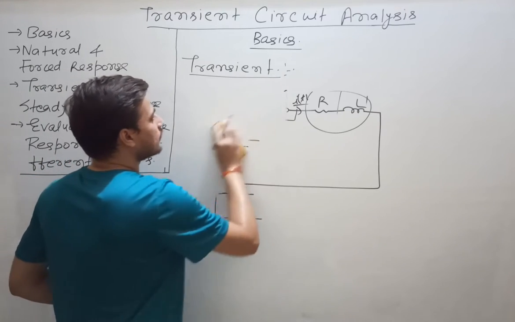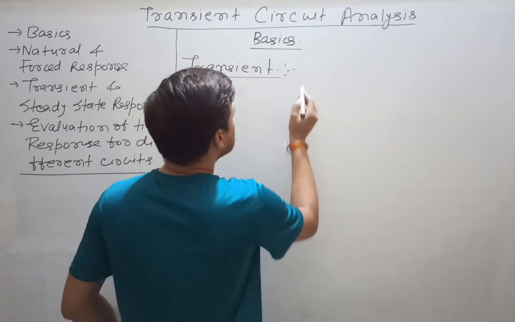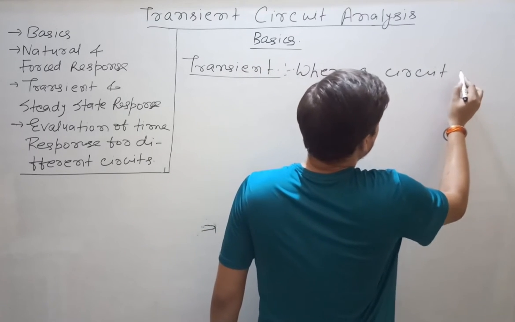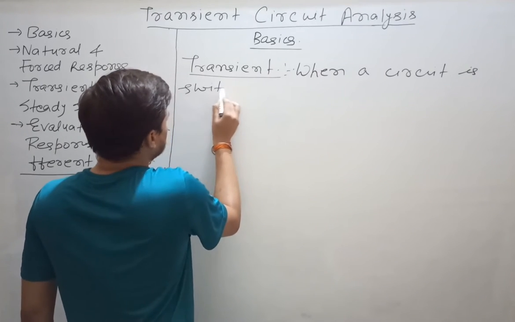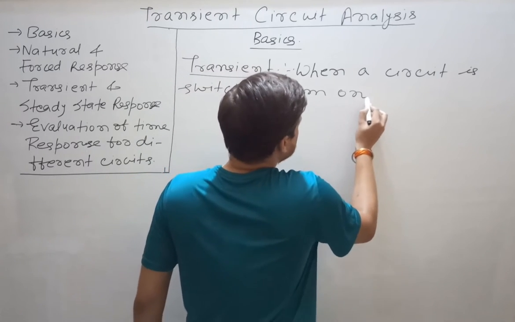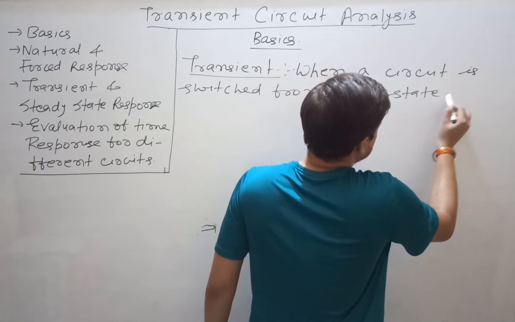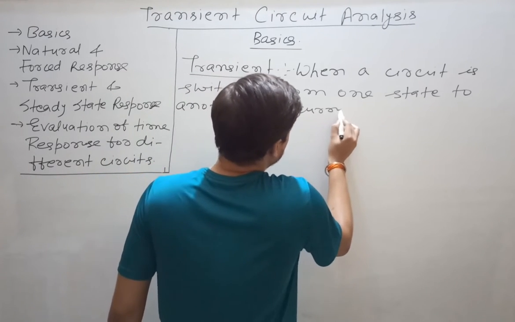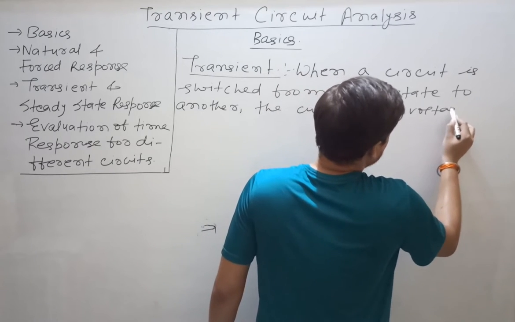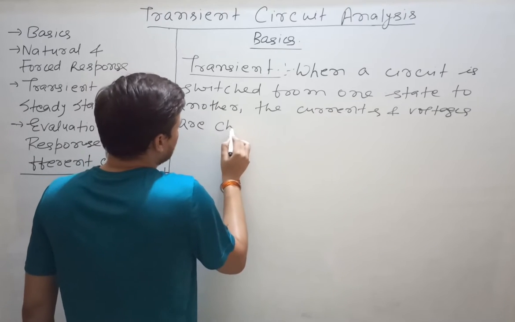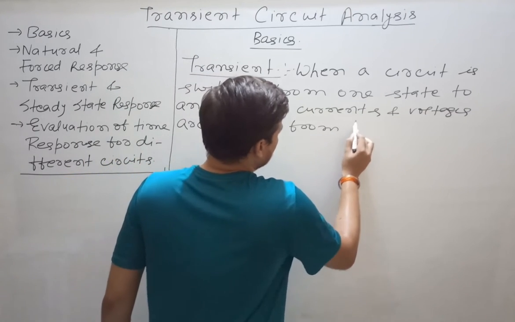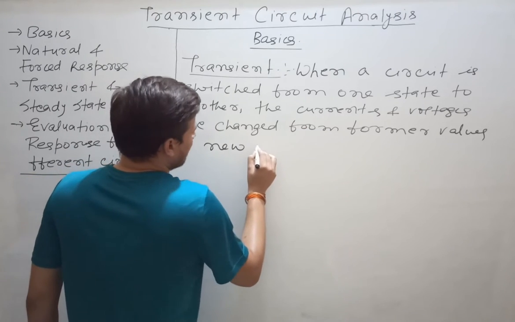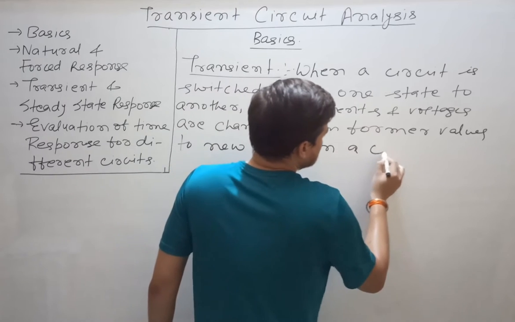So let us write the definition of transient. When a circuit is switched from one state to another state, the currents and voltages are changed from former values to new values in a certain time period.